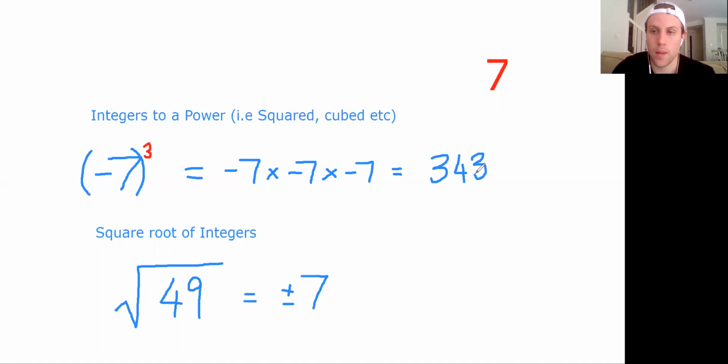So, the sign's the important part. Going away and doing 7 times 7 times 7 on a calculator is fine, but knowing how the negatives work is important. So I've got a negative and a negative. They must cancel each other out to make a positive, because that's what we've done before. Negative 7 times negative 7 is positive 49.